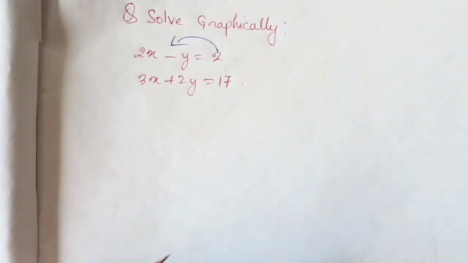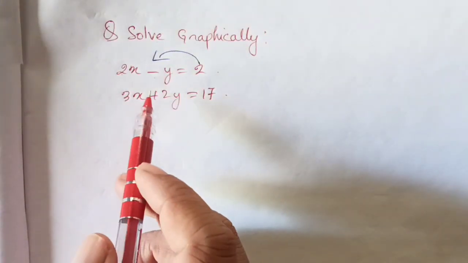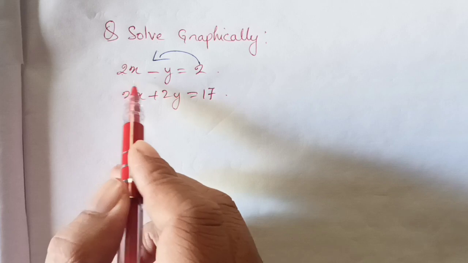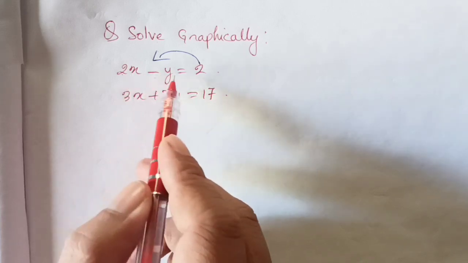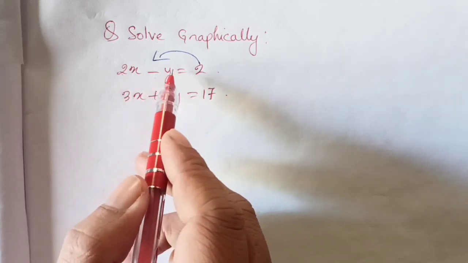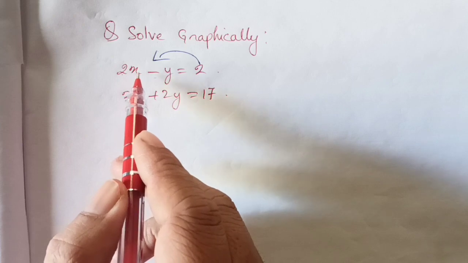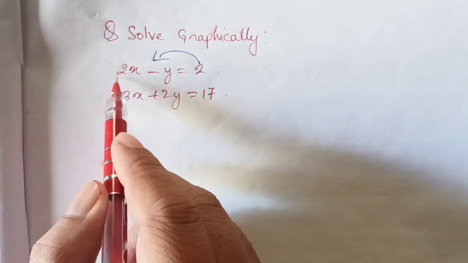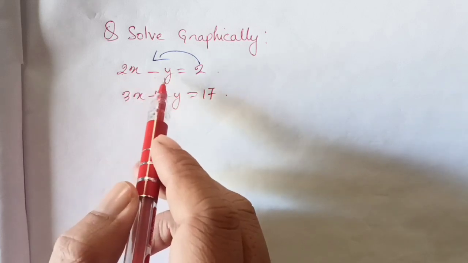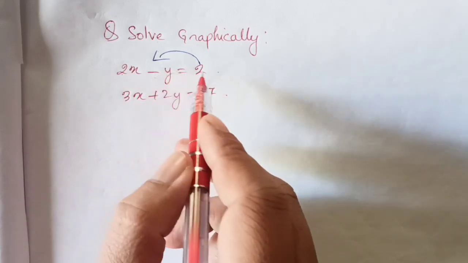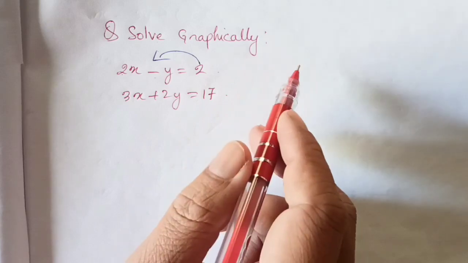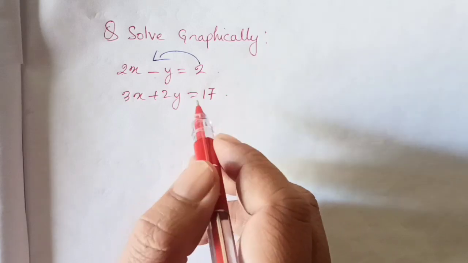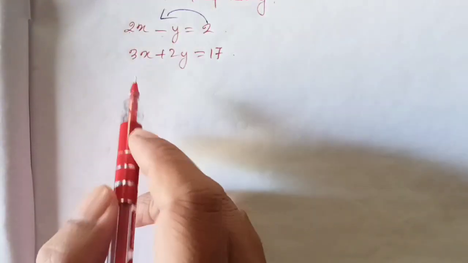So I already told you that before we start, we need to look at the question very properly. Then the first equation, twice x minus y equal to 2. Here x is staying together with a number, that is 2. Here y is alone, so it means that y we need to keep alone, then the remaining we need to transfer, then we can solve the equation.